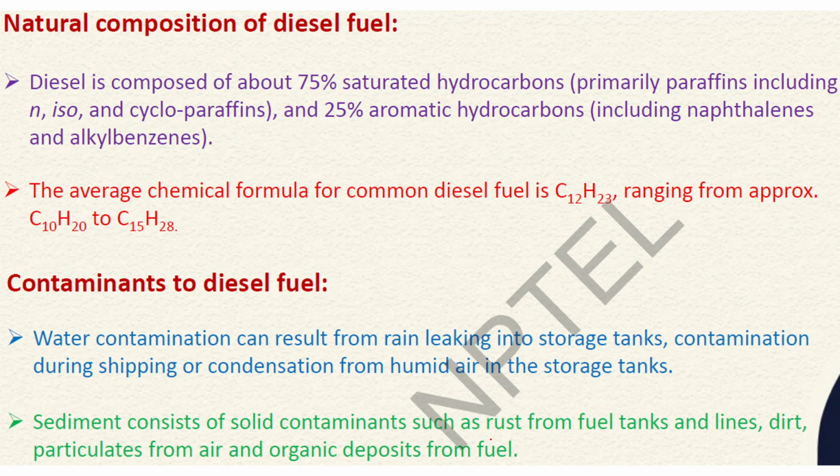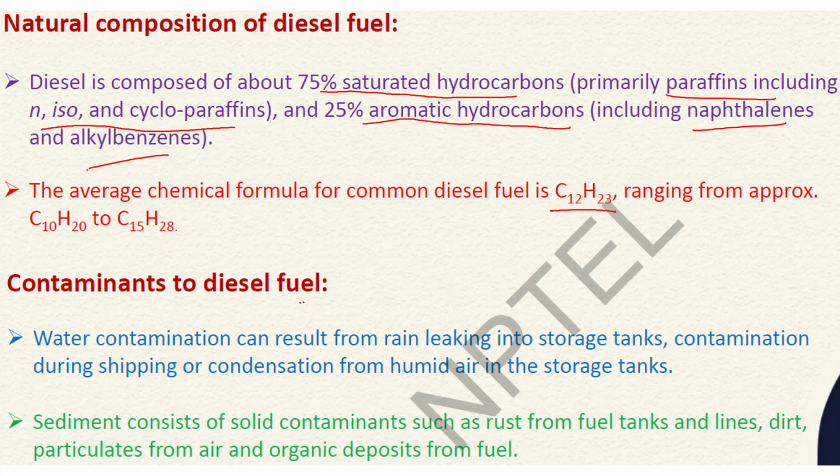Coming on to the composition of diesel fuel, it is composed of 75% saturated hydrocarbons, primarily paraffins, including iso and cycloparaffins, and 25% aromatic hydrocarbons, including naphthalene and alkyl benzenes. The average chemical formula for common diesel is C12H23, ranging approximately from C10 to C15.